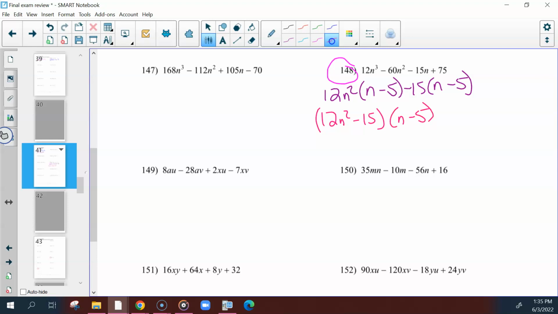For the 12n squared minus 15, we can divide that again, because I can divide each of these by 3. So if I divide out a 3, we have 4n squared minus 5, and then our n minus 5. Which means we really could have divided each of these by 3 at the beginning. But it doesn't matter when, as long as you do it eventually.